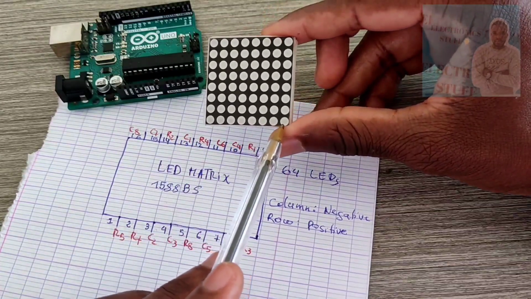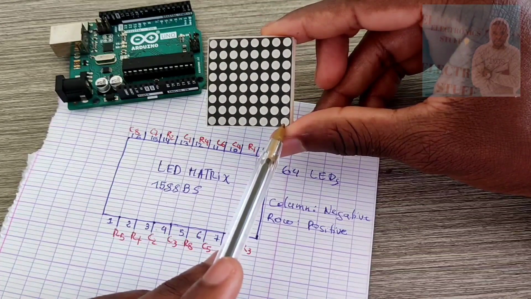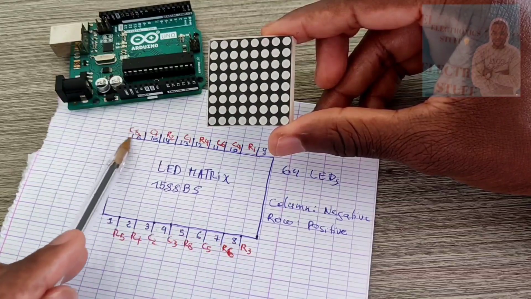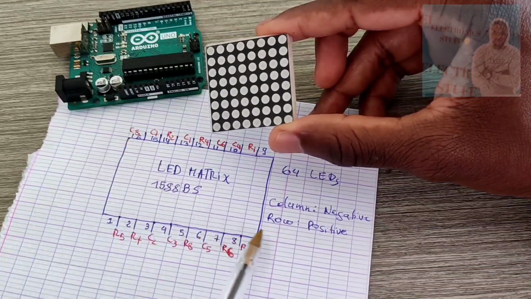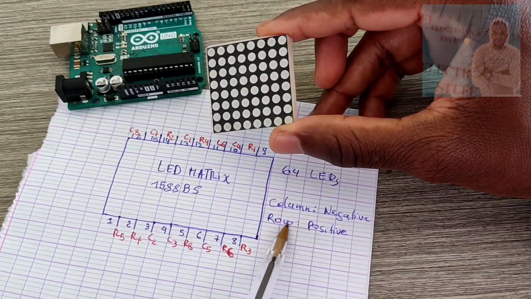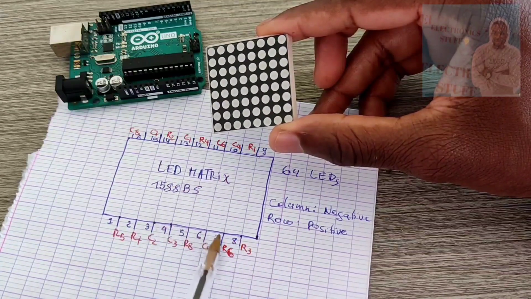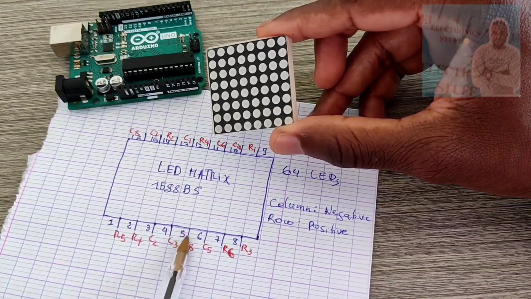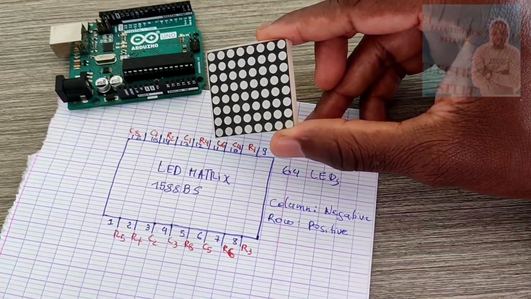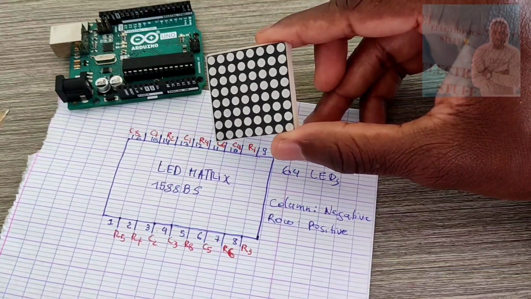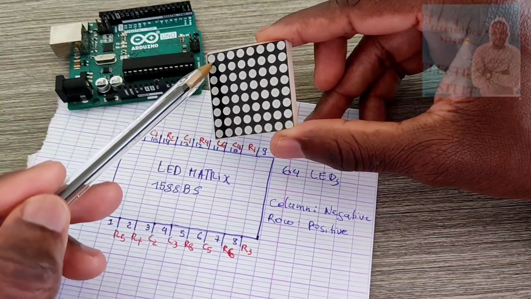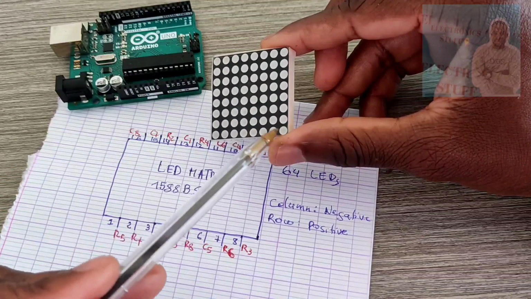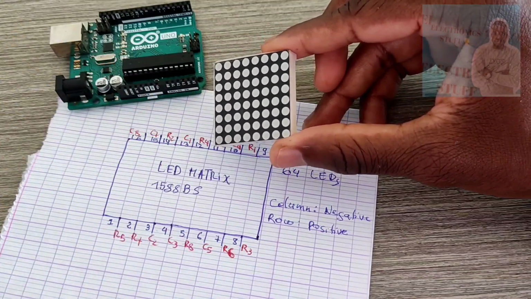And this LED, its column is C8, pin 16, and its row is row 8, pin 5. So if I want to turn on this LED, I'm going to do that.